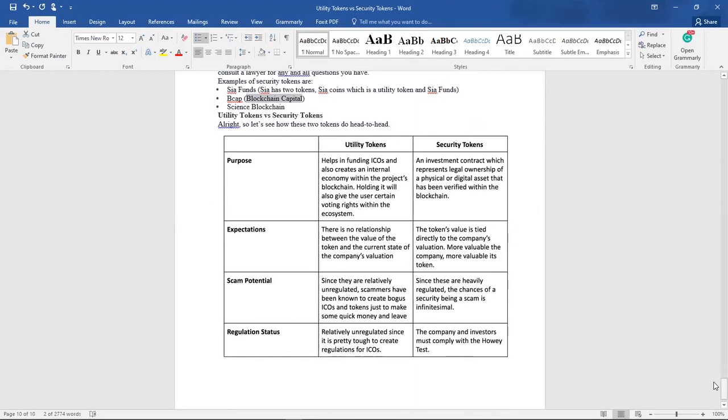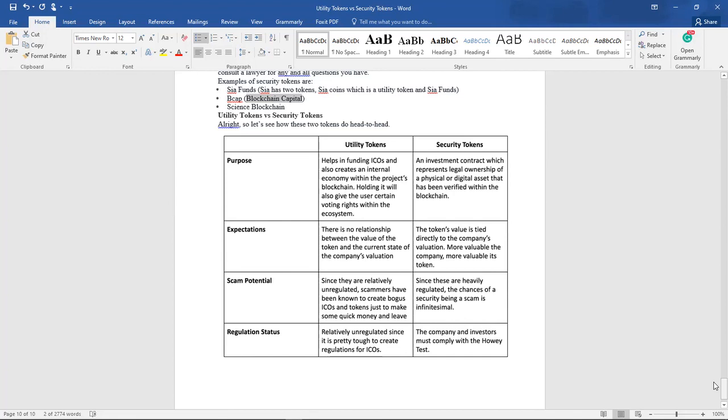The purpose of utility tokens is mainly helping in funding ICOs and creating an internal economy within the project's blockchain. Holding it will also give the user certain voting rights within the ecosystem.